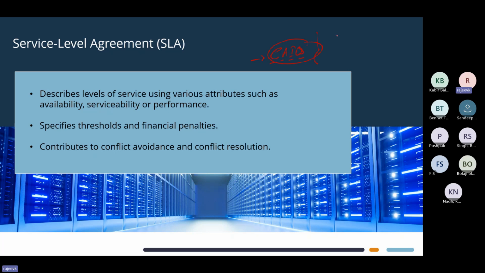Now, this is basically a set of questions prepared by CSA, and every provider will provide responses. You need to analyze the responses and see how much they are aligned with your SLA, with your acceptable use policy, and with the goals of the organization.